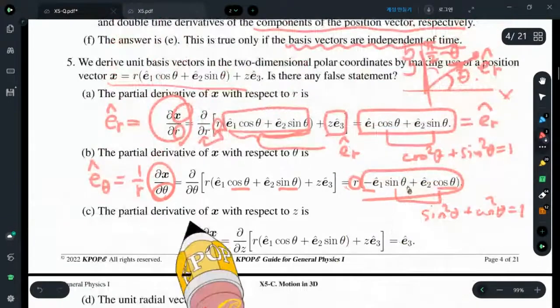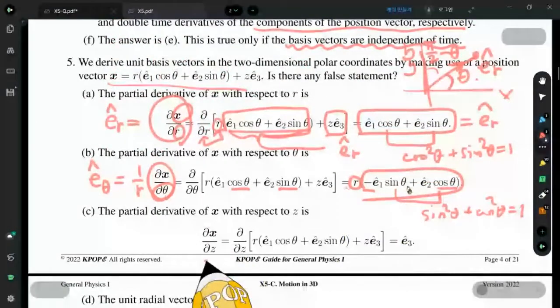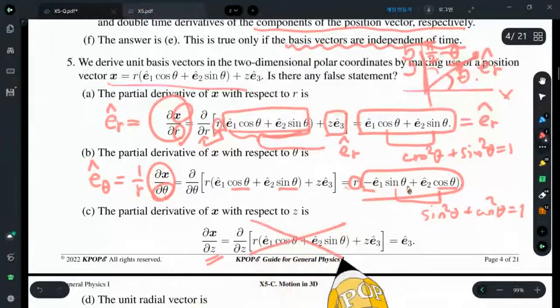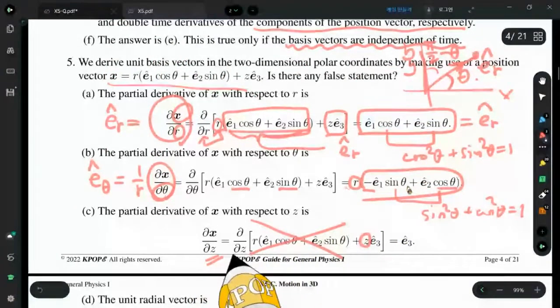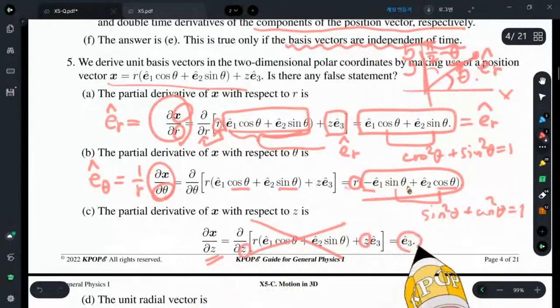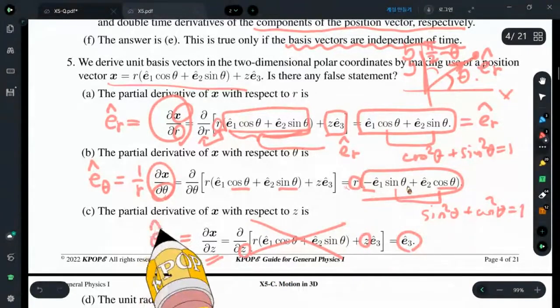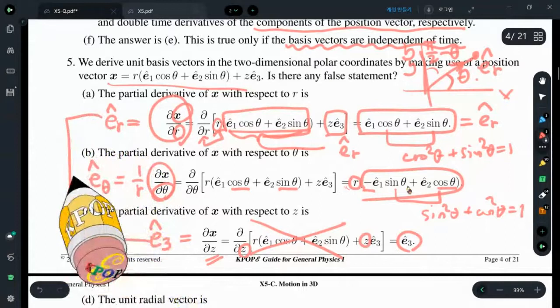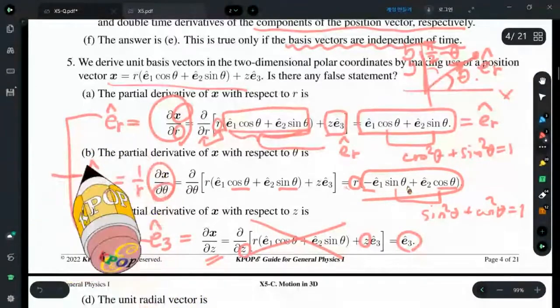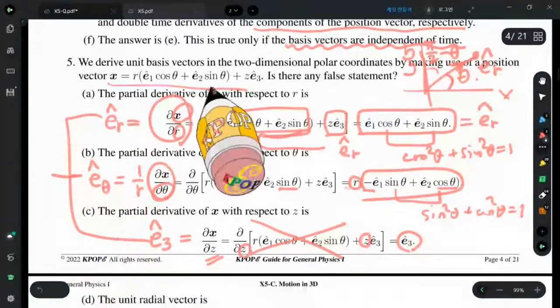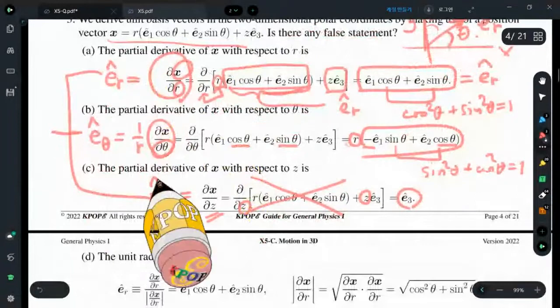What about the z derivative? They are independent of z, and the z derivative is a simple one. So that's right, this is E3 hat. So I have found three unit vectors.